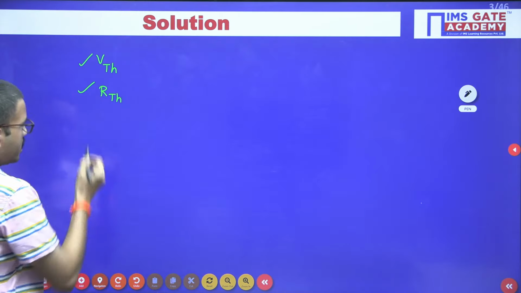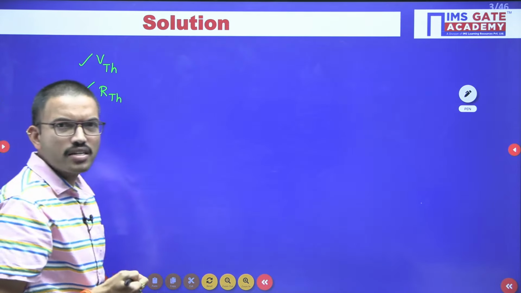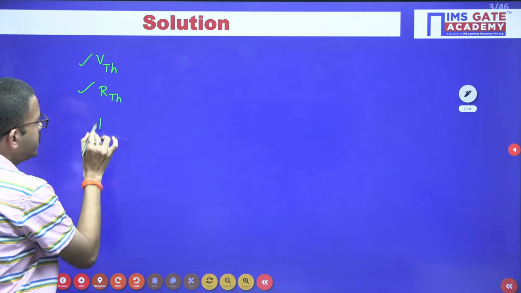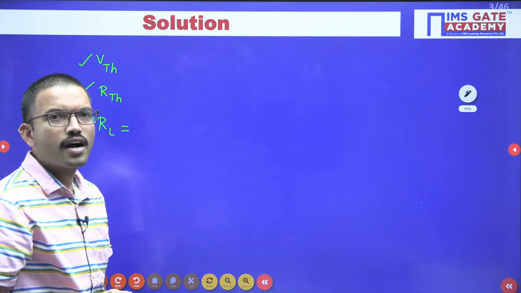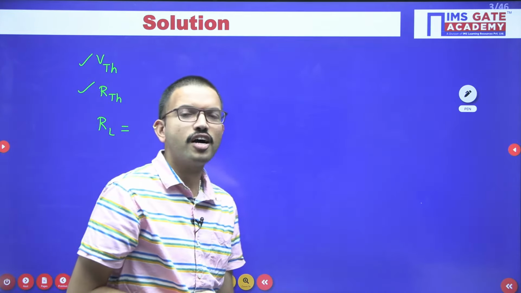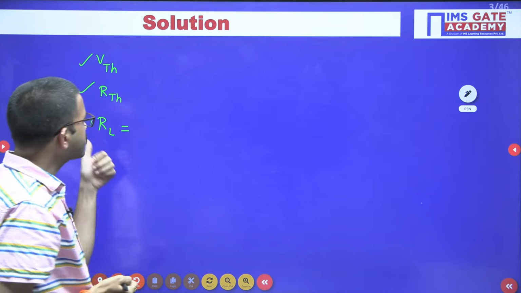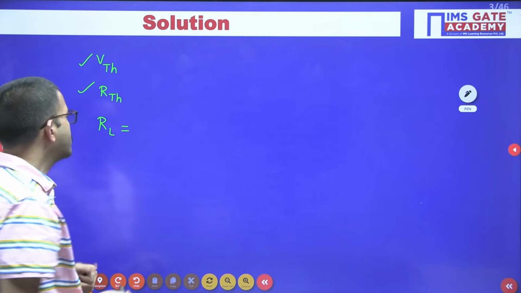After that, in order to get maximum power across the load resistor, what is the condition? RL should be equal to, all of you can answer. I hope by this time all of you are familiar. In order to get maximum power across the load resistor, what is the condition?